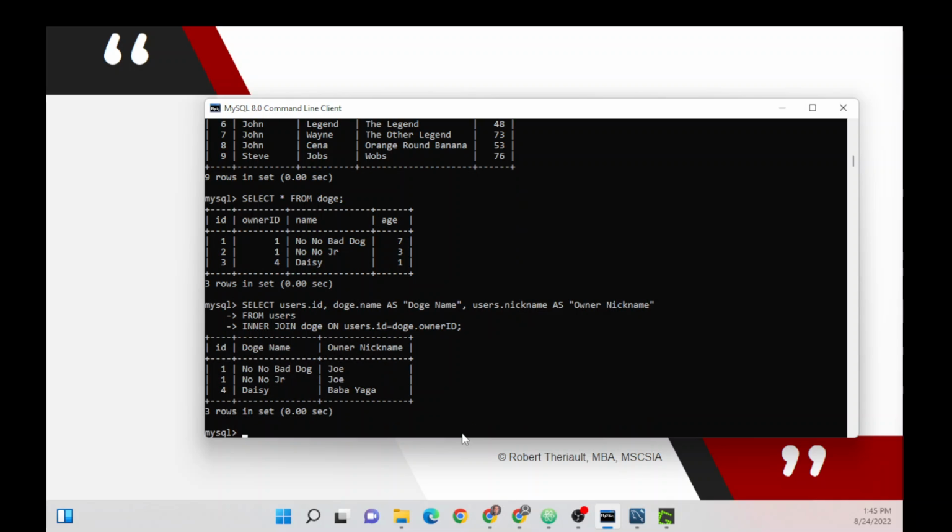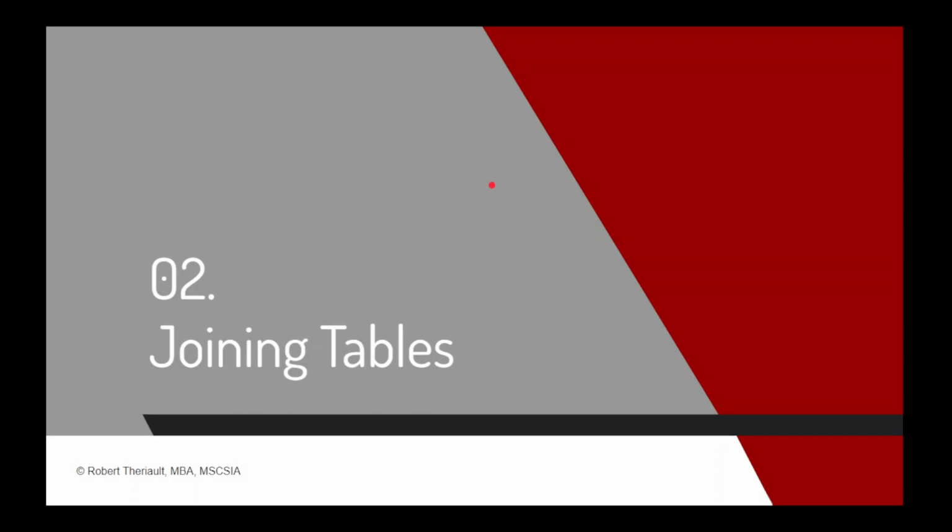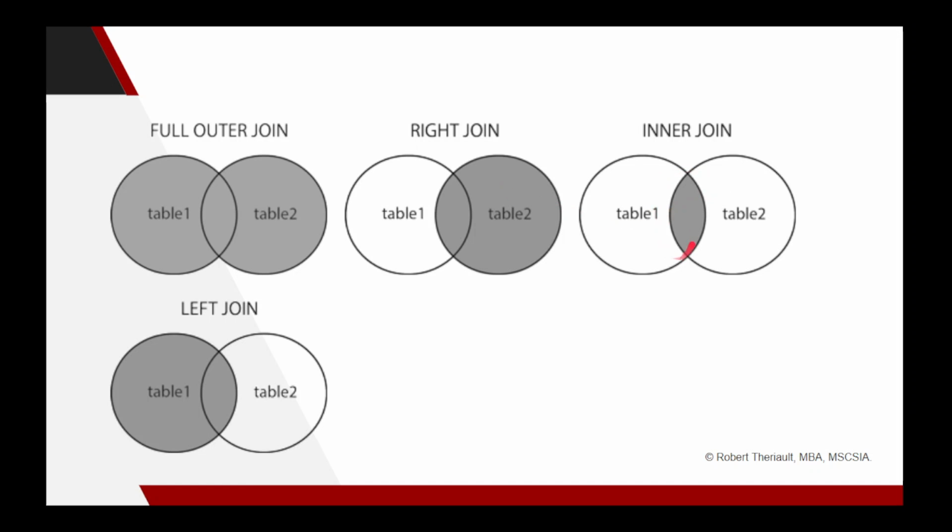I click enter in the right spot. So again, I ask for ID, Doge name as Doge name, user's nickname as owner's nickname. So ID, Doge name, owner's name, and then we only wanted the data, and that is the inner join concept, right? The inner join concept, we only wanted the data that is in both of those.